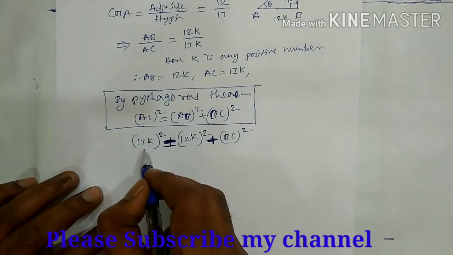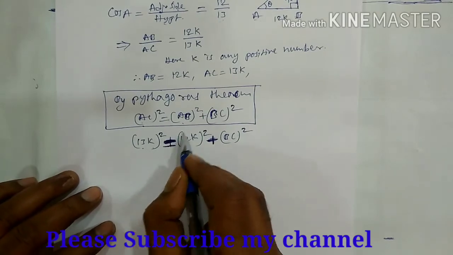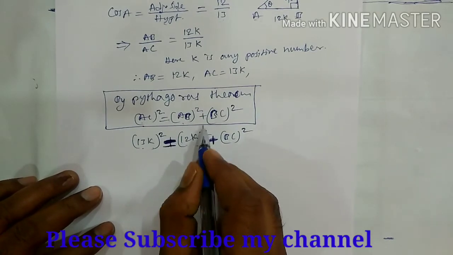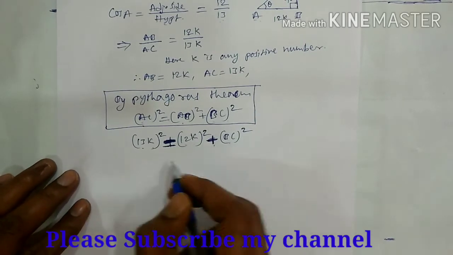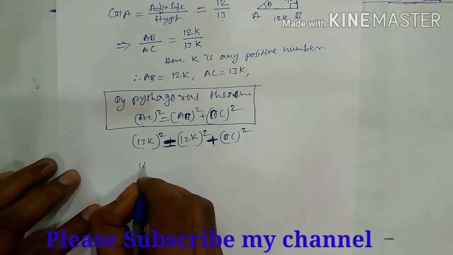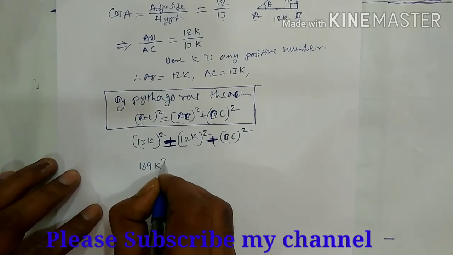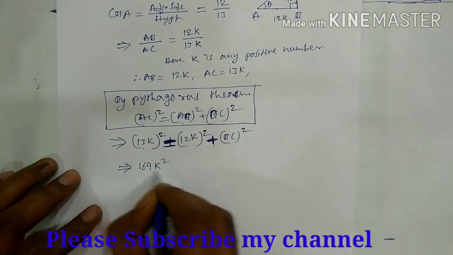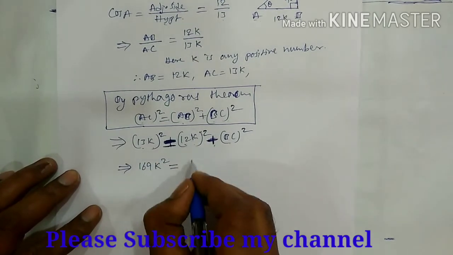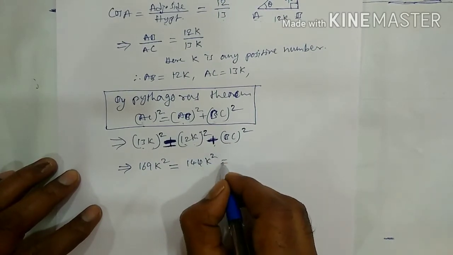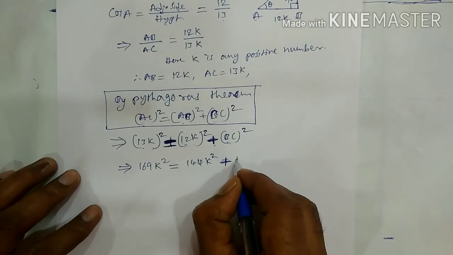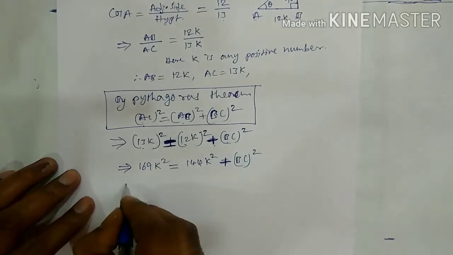So 13K square is equal to 12K whole square plus BC square. BC square we don't know. 13 square means 169K square is equal to 12 square, which means 144K square, plus BC whole square.